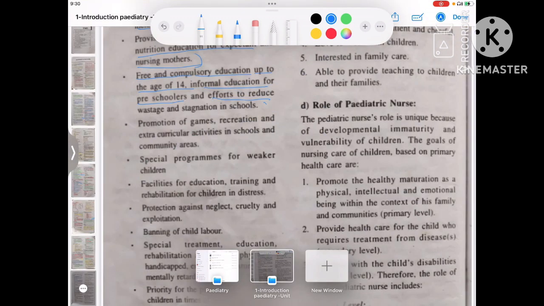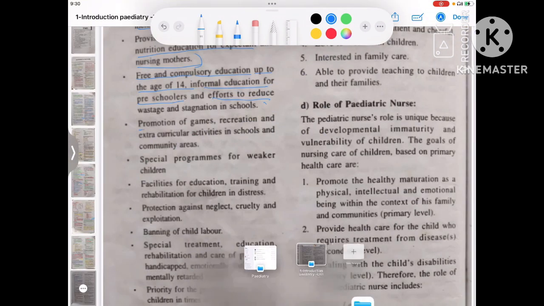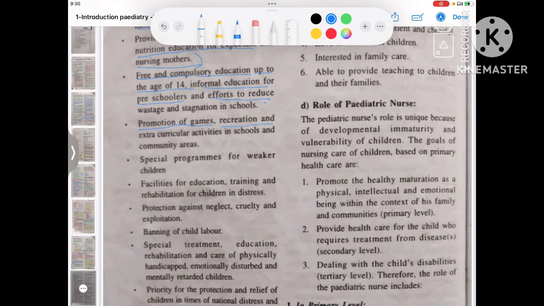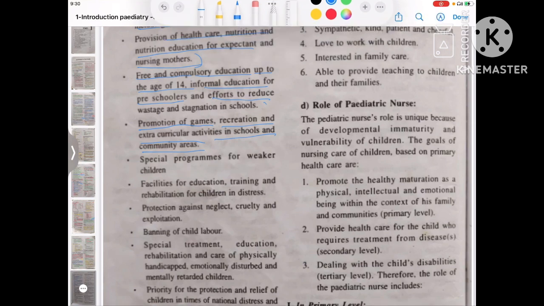Then the principle is promotion of games, recreation and extracurricular activities in schools and community areas. They will promote these activities, which will help the students to improve their skills.